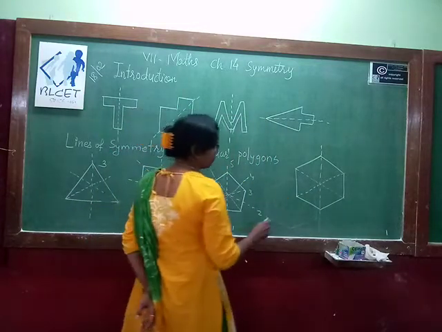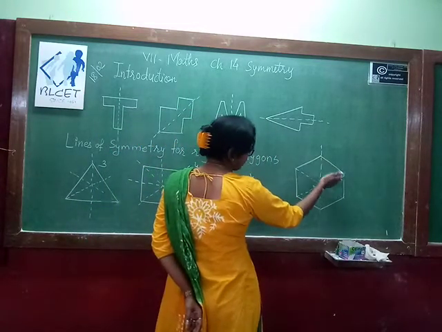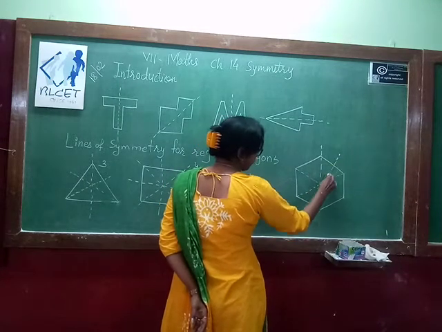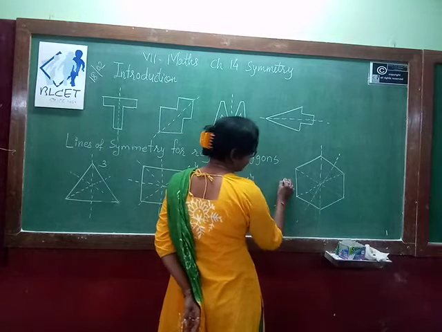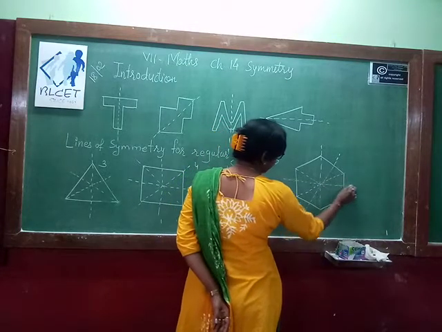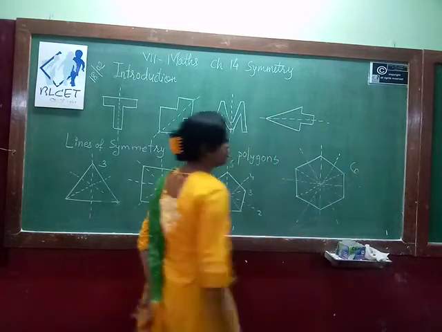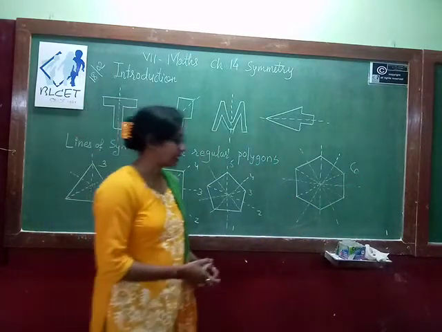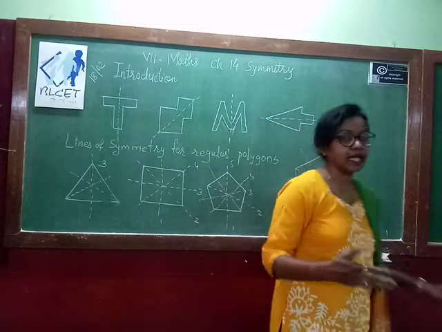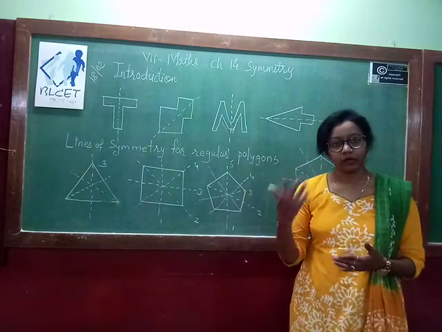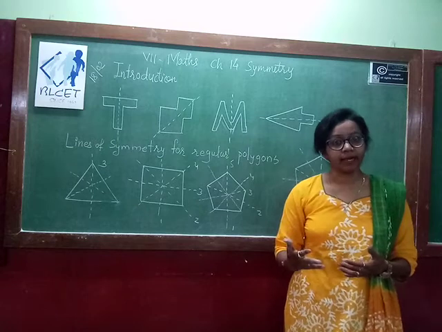Now we divide this line segment with this one, so this is your 4th line of symmetry. From the middle you can also draw the 5th line of symmetry, and this is your 6th line of symmetry. With 6 line segments, we get 6 lines of symmetry. So in regular polygons, you have to consider the number of line segments it possesses.